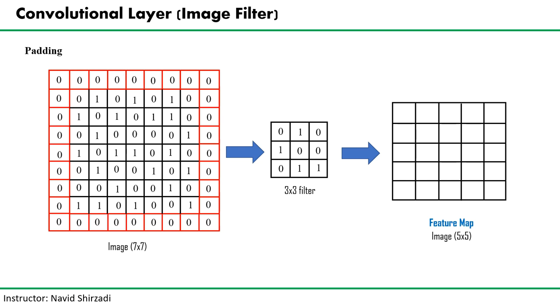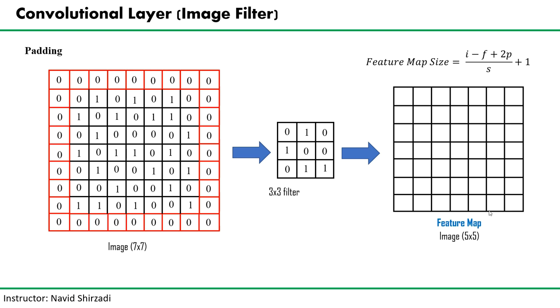And then we start applying our 3x3 filter, again, just like what we discussed before, starting from here, then starting from here, and so on. So the result will be an increase in the size of our feature map, equal to our original image.